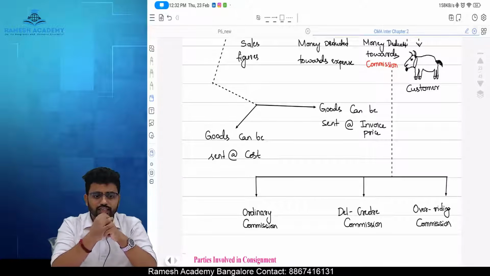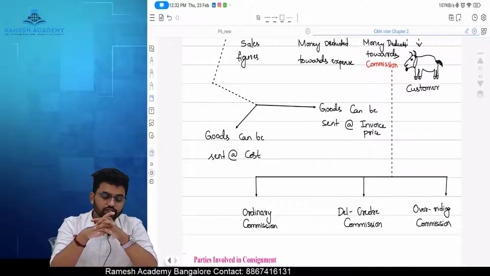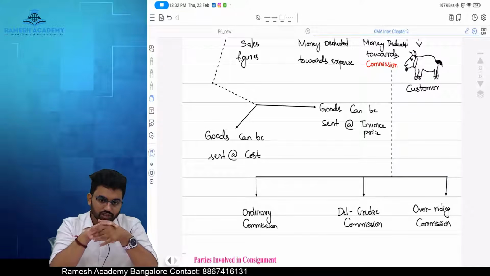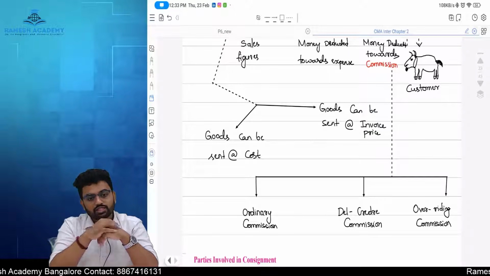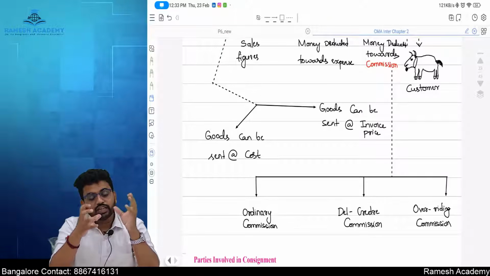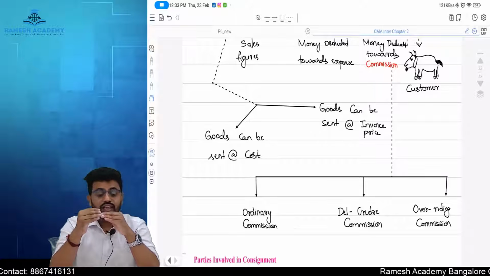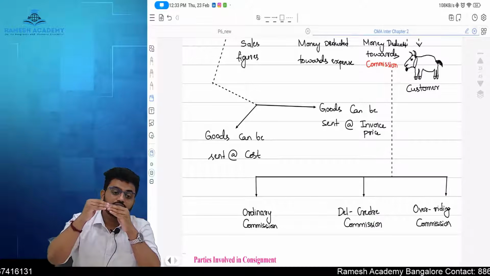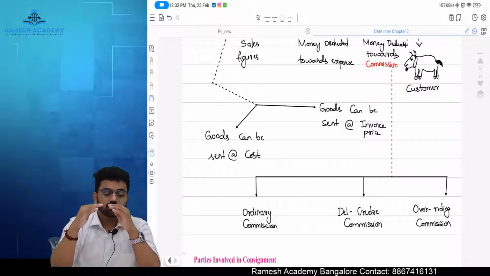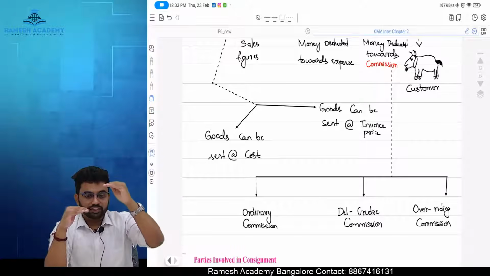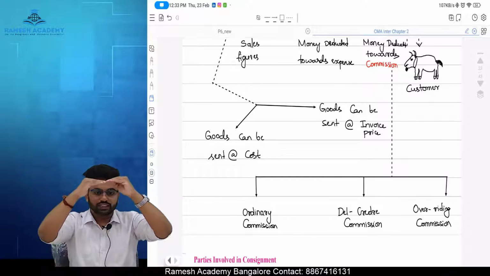Next one is overriding commission. Sir, what do you mean by overriding commission? Overriding commission is nothing but commission paid by the consignor to the consignee for making a very good performance, for performing well. You know, we will give a certain limit, boss, so much should be your sales.